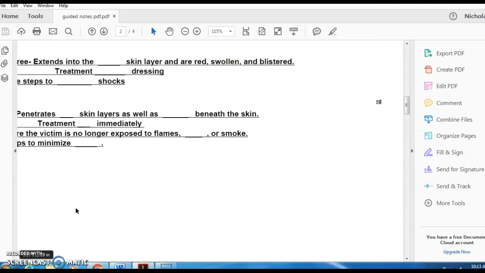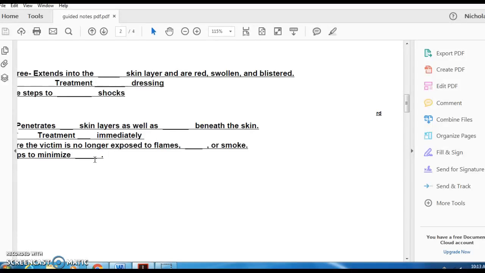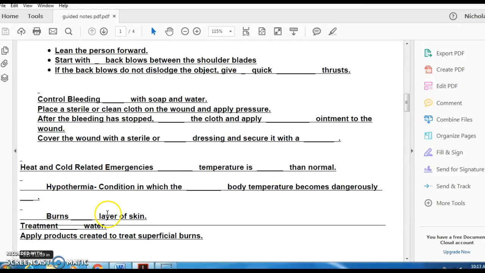And then our last topic we'll talk about in this lecture is our burns. So there are three types of burn degrees. There's first degree, which affects only the outer layer of the skin.